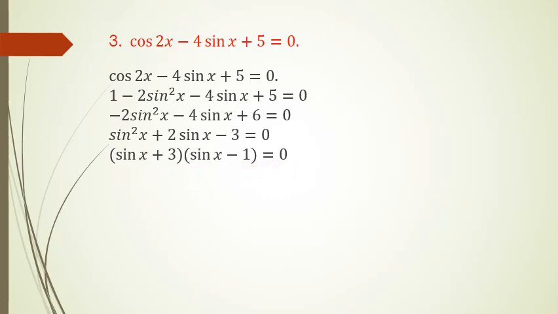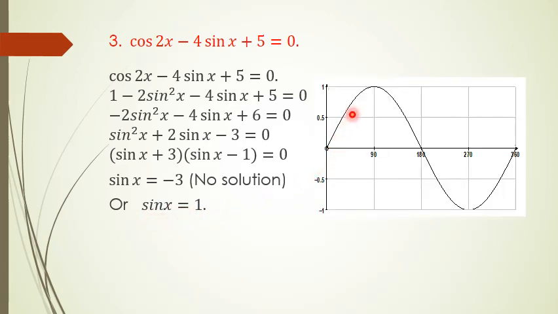Then from the first factor we have sine x equal to minus 3, and this one has no solution since the graph of sine x lies between minus 1 and 1. Then the second one, we get sine x equal to 1.